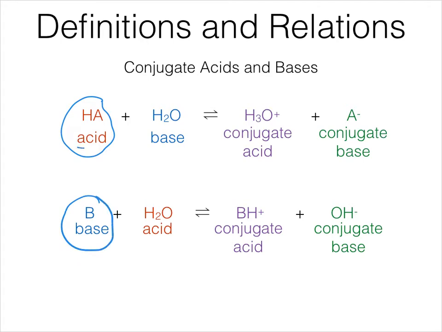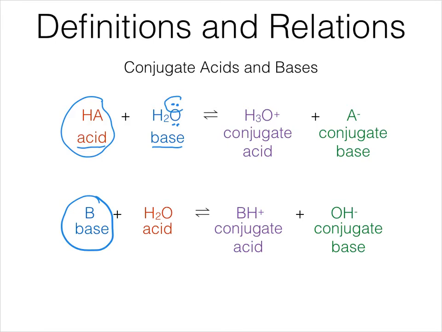If HA is our acid, an acid always reacts with a base, and when this is in equilibrium with water, water is acting as our base. Remember that last time we talked about how bases have lone pairs? Well, if you remember from Lewis structures last semester, water, this oxygen, has two lone pairs.